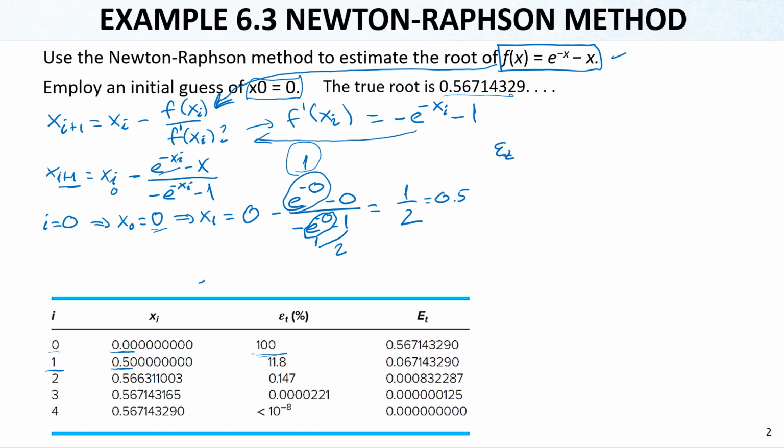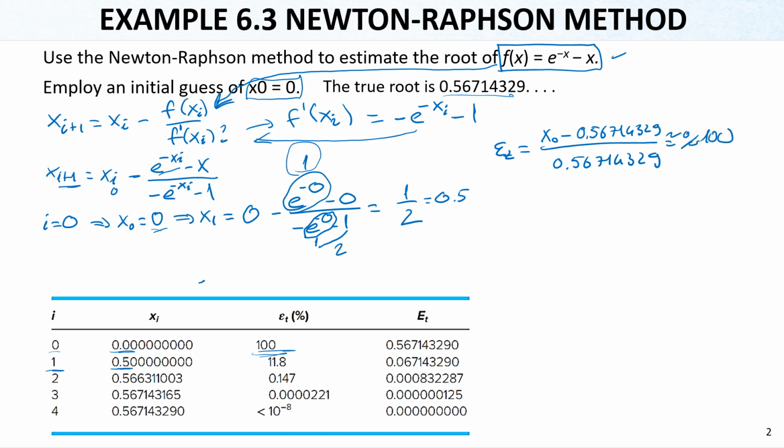Epsilon t is equivalent to x0 minus the true root 0.56714329 divided by 0.56714329. It's about 100 over here.